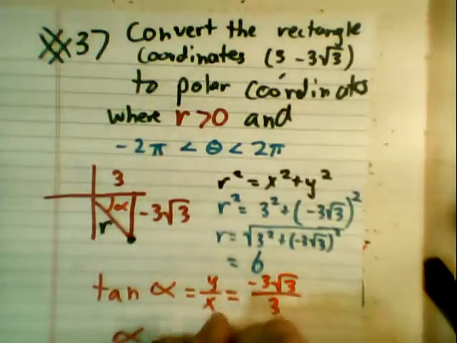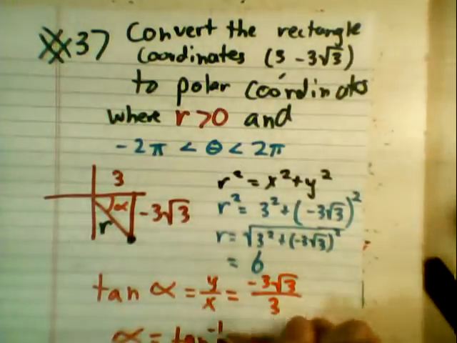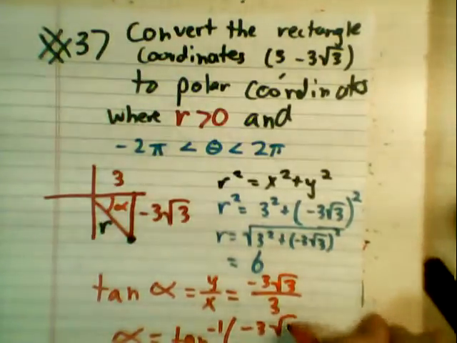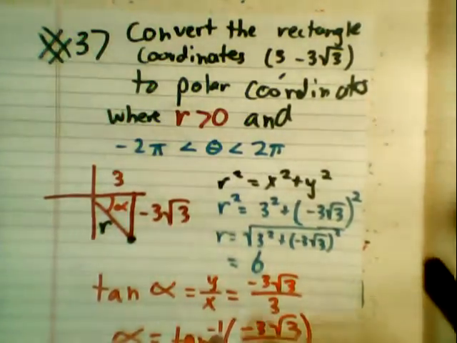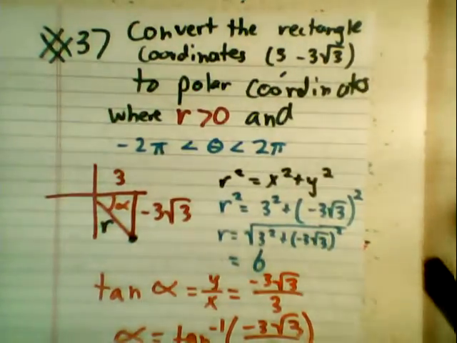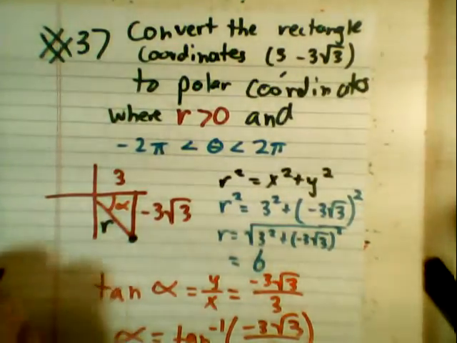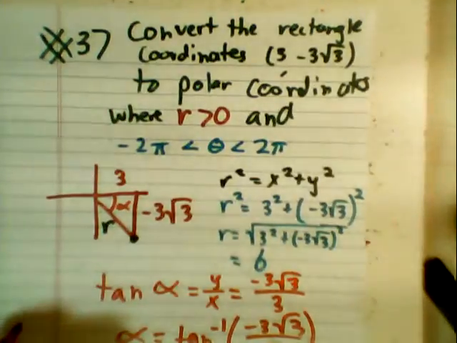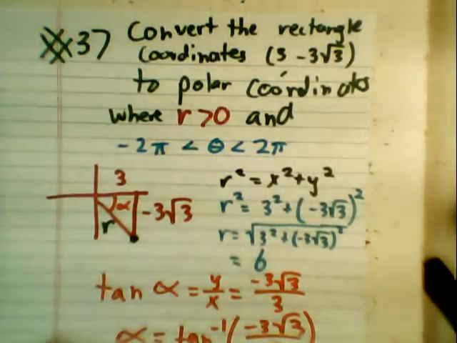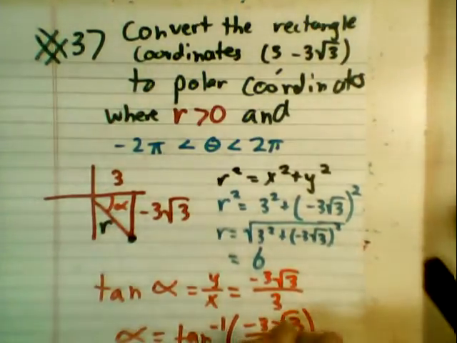So we can do alpha equals tan inverse of -3√3 over 3. And when we do that, let me plug this in, we get that that angle is -60 degrees.